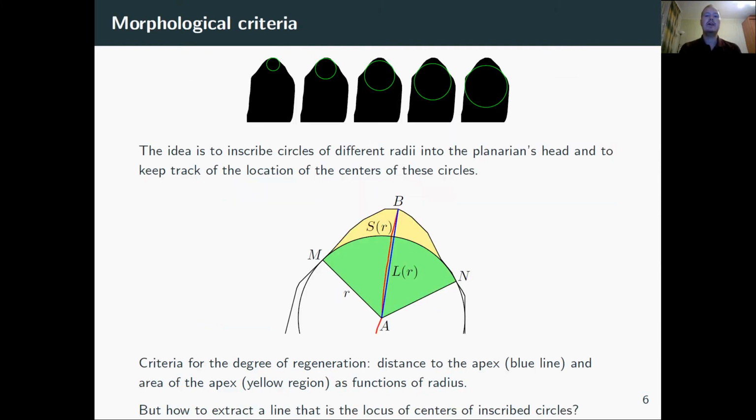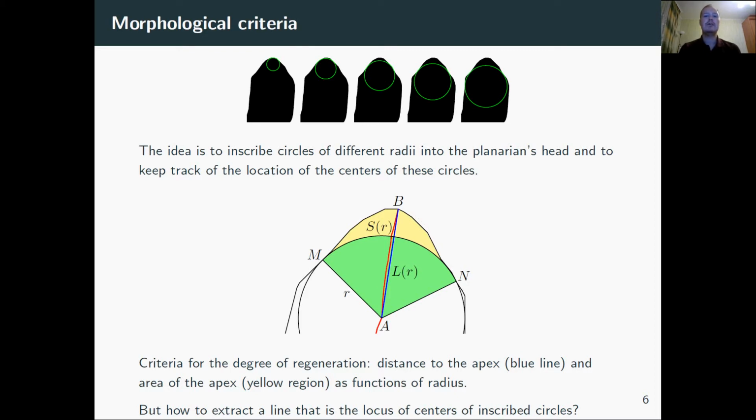Blastema is the accumulation of homogeneous non-specialized cells of the wound surfaces after organ amputation. During regeneration, new head tissue grows from the blastema. With the course of regeneration, the shape of the blastema becomes more and more pointed, and consequently the area of that part, into which a sufficiently large circle cannot be inscribed, grows.